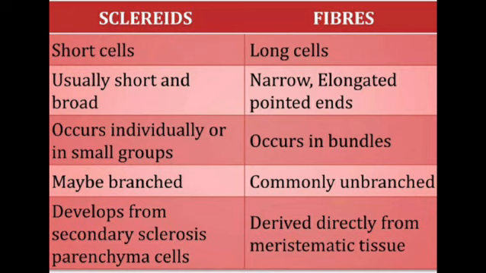Difference between sclereids and fibers. Sclereids are short cells, usually short and broad, occur individually or in small groups, may be branched, and develop from secondary sclerosed parenchyma cells. Fibers are long cells, narrow, elongated with pointed ends, occur in bundles, commonly unbranched, and are derived directly from meristematic tissues.